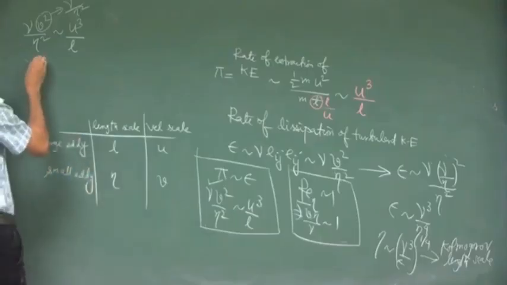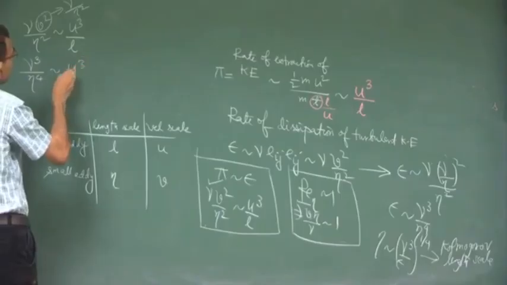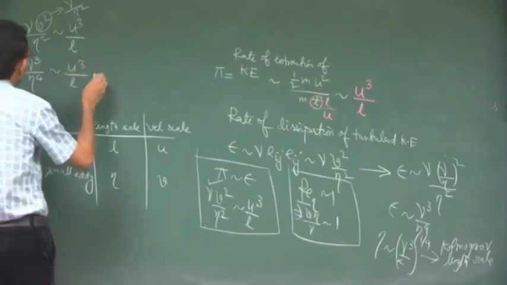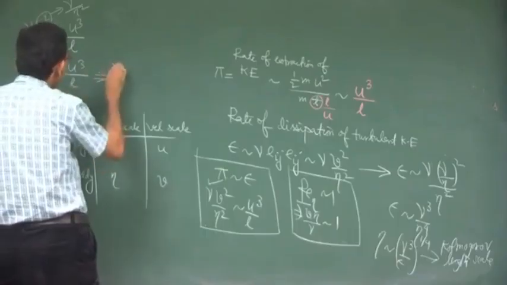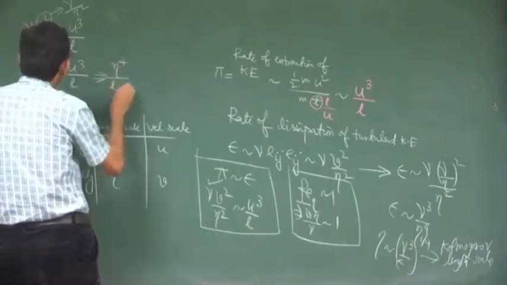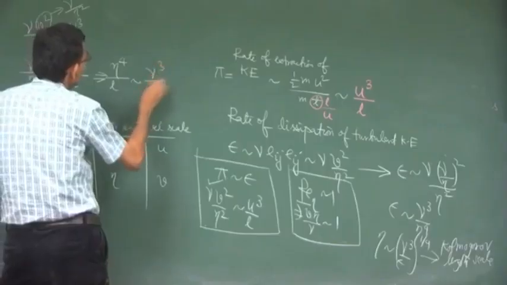Nu cube by eta 4 is of the order of u cube by L. So, eta 4 by L is of the order of nu cube by u cube.